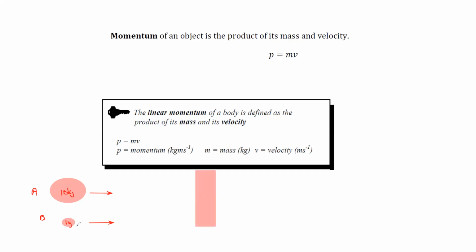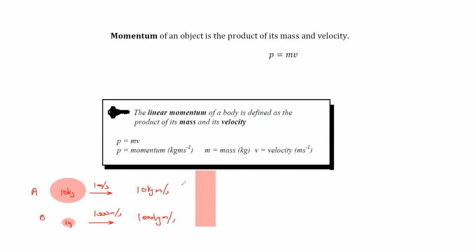From this it appears that A should be, but what if I say the 10 kilogram was moving with a speed of 1 meter per second, whereas the 1 kilogram was moving at a speed of 1000 meter per second? When we calculate the momentum now, 10 multiplied by 1, its momentum is 10 kilogram meter per second, and 1 multiplied by 1000, it is 1000 kilogram meter per second.